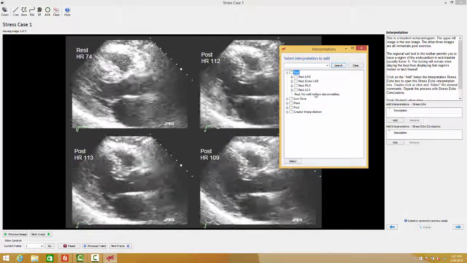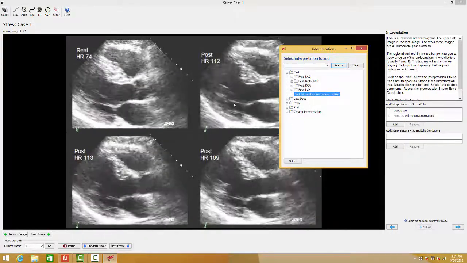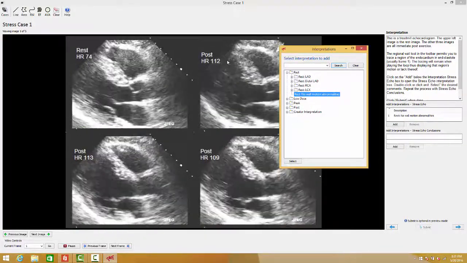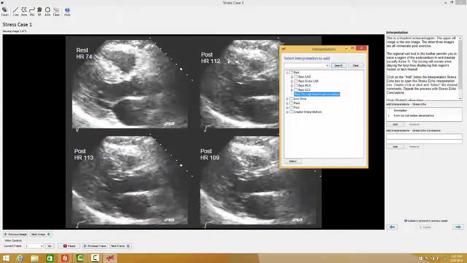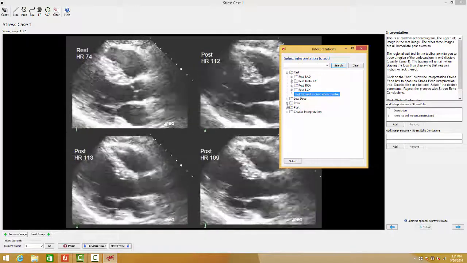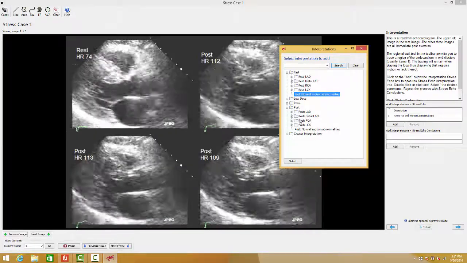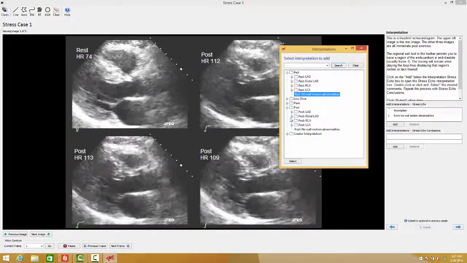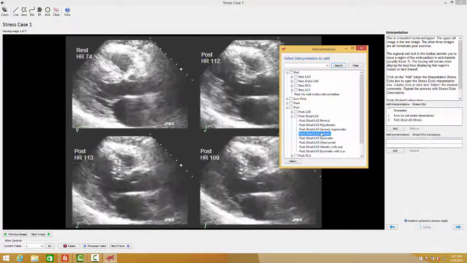So we just will say no resting wall motion abnormality. But there's obviously a distal LAD, the distal septum, which represents the distal LAD, was abnormal. And it's in the post, and we say post distal LAD was akinetic.